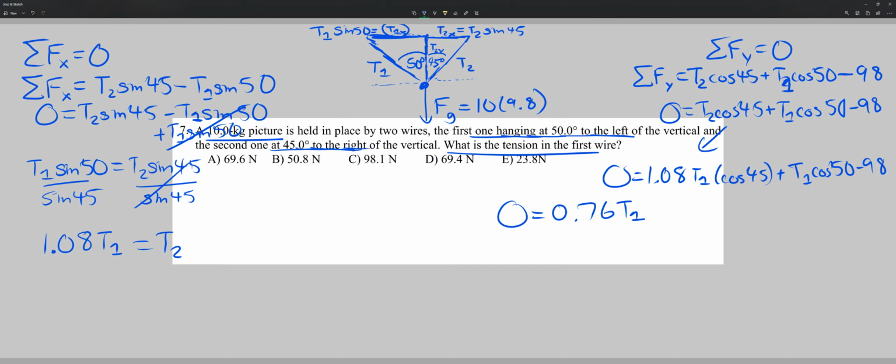I'm rounding this, by the way. Plus cosine 50 T1, which is 0.64 T1, minus 98.